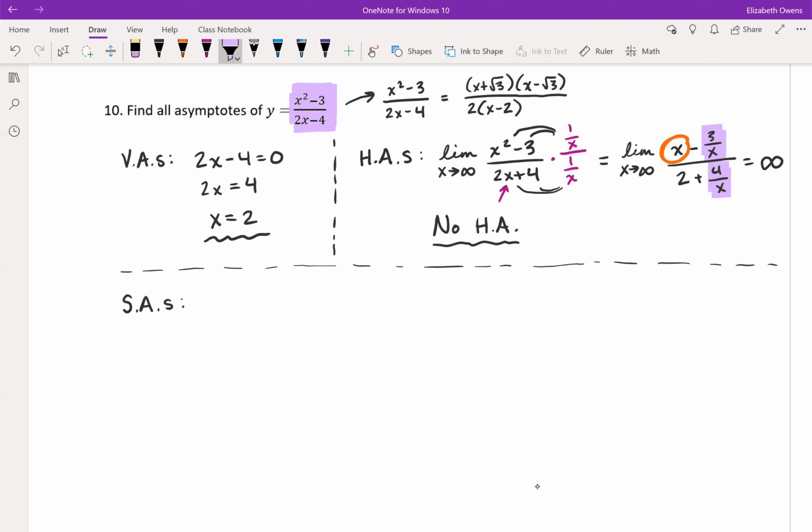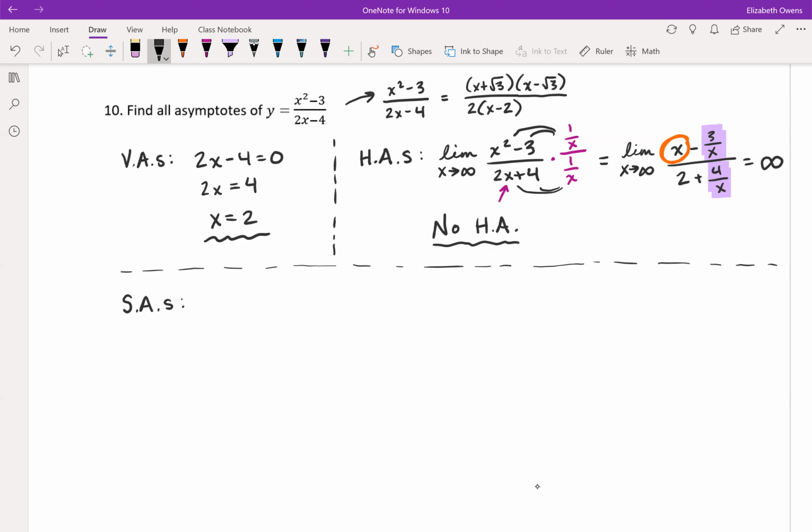If you spotted that before we started looking at the horizontal asymptotes, that's the shortcut. You can tell because of the degrees that there is going to be a slant asymptote here. If there's a slant asymptote, there can't be a horizontal one, so you could just use that to justify the fact that there are no horizontal asymptotes.